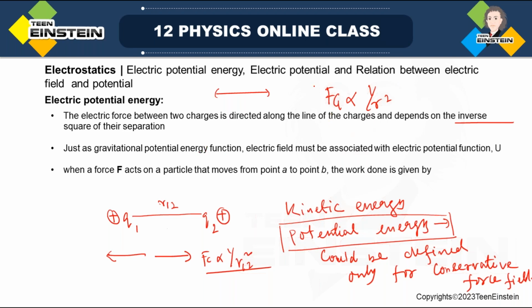So the electric force and the gravitational force are similar in nature, and both are conservative forces.